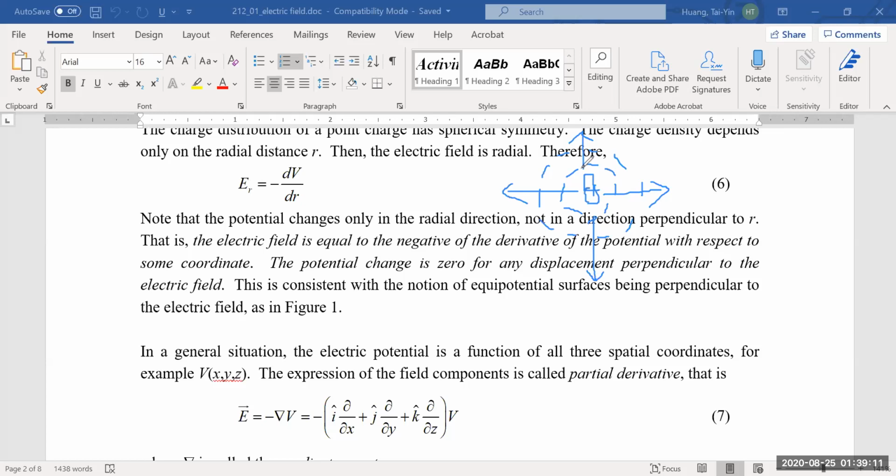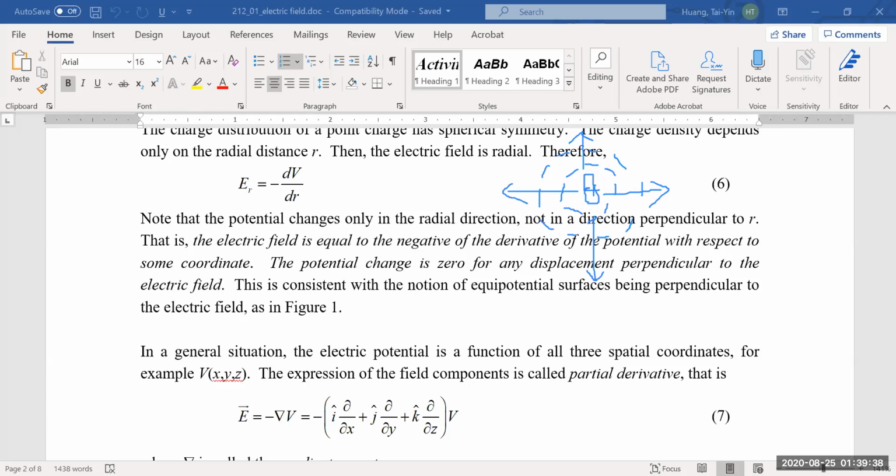So let's say it registers 2 volts. Every point on the same circle will have the same value. This is what we call equal potential surfaces, and it basically means that the potential change is zero for any displacement perpendicular to the electric field.